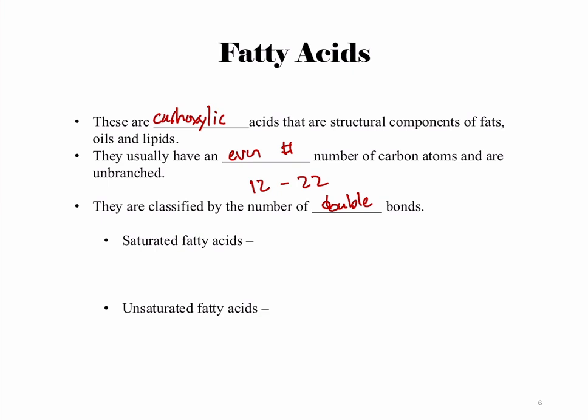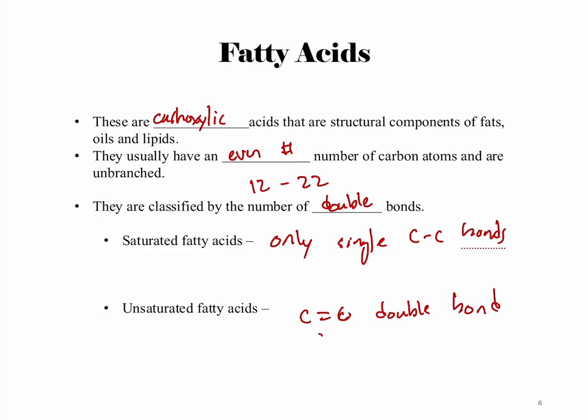Saturated fatty acids have only single carbon-carbon bonds, and unsaturated fatty acids will have at least one carbon-carbon double bond. We only need one of those to be classified as an unsaturated fatty acid.